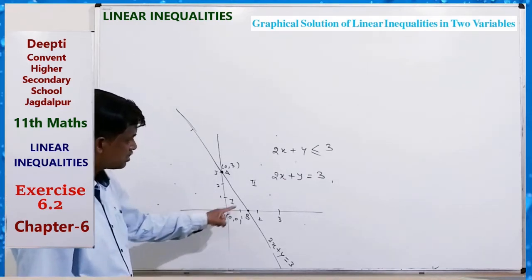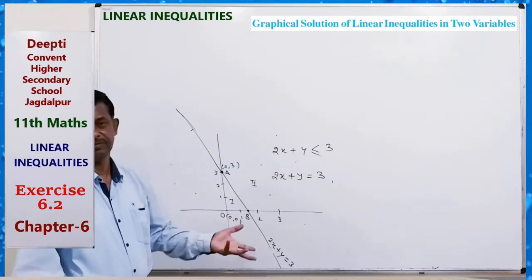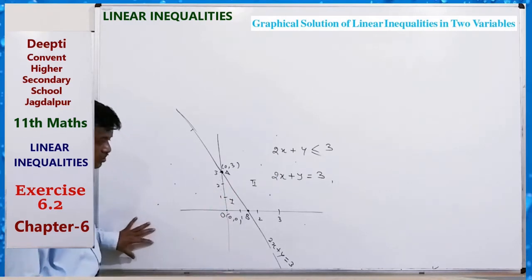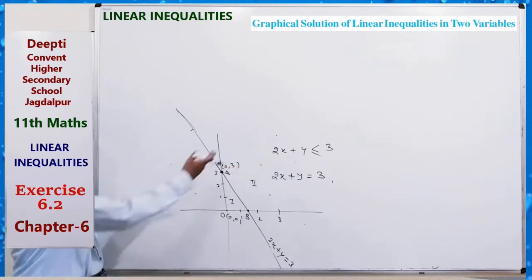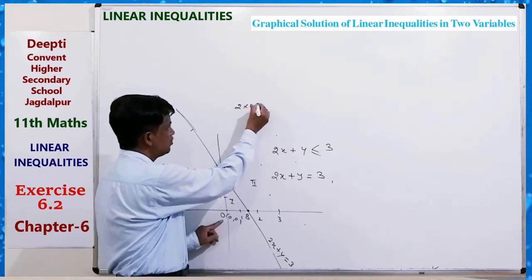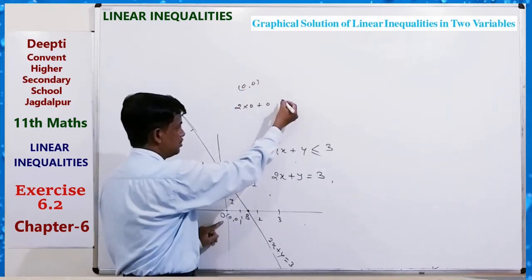If the origin satisfies this, then we can say that this part is the solution region for the inequality. Just put here 2 into 0 plus 0, that is 0, is less than or equal to 3.